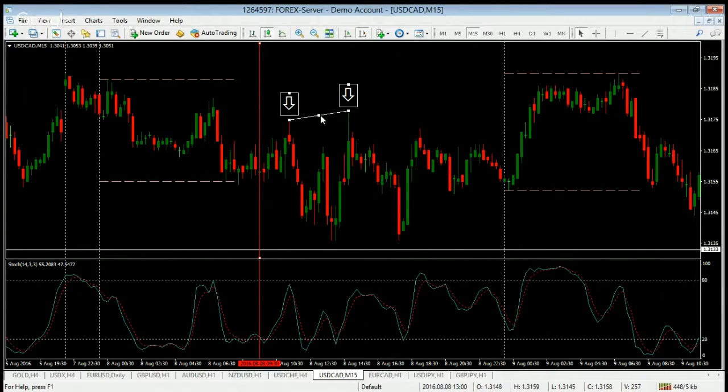That's just divergence. If the price is making a lower low, the indicator is supposed to be making a lower low. Right here is a buy signal.